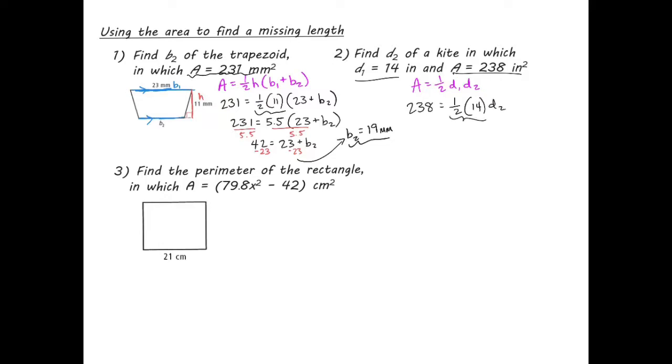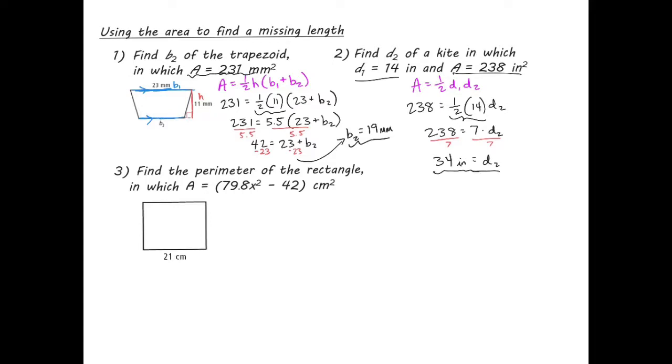Do a little simplifying. And let's solve for that D2 by dividing by 7 on both sides. And what's 238 divided by 7? Let's go with 34. The units are inches, and it's a length, so it's just regular old inches.